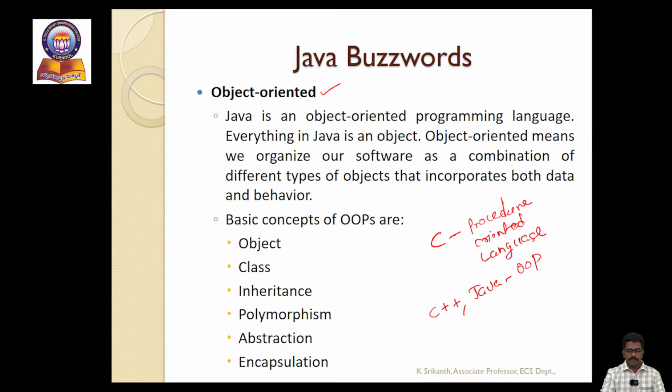In an object oriented programming language, everything we treat as an object. The object oriented concepts are: we should know what is a class, how to create objects for a class, what is inheritance, what is polymorphism, what is abstraction, and what is encapsulation. Because of these concepts, the language is object oriented.